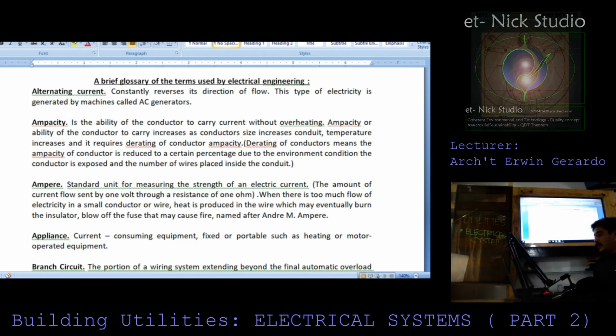When there is too much flow of electricity in a small conductor or wire, heat is produced in the wire, which may eventually burn the insulator or blow off the fuse, and may cause fire. The ampere is named after Andre M. Ampere.